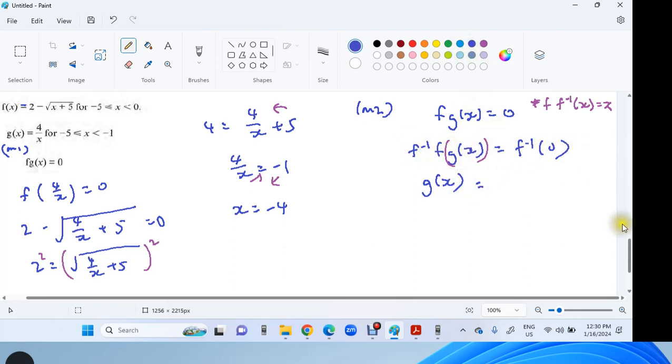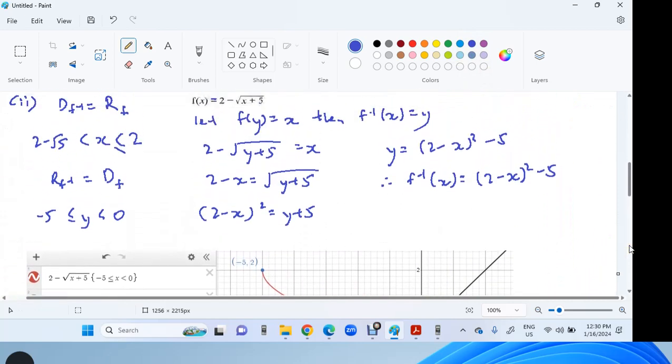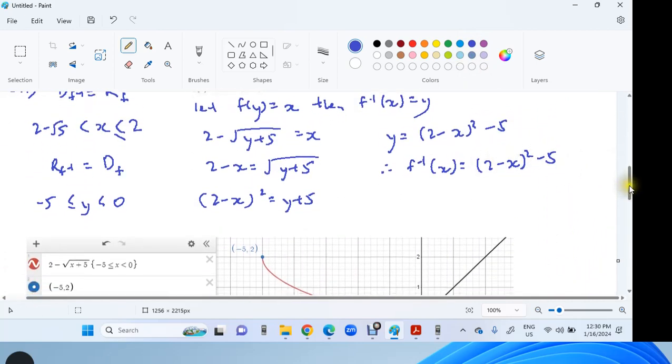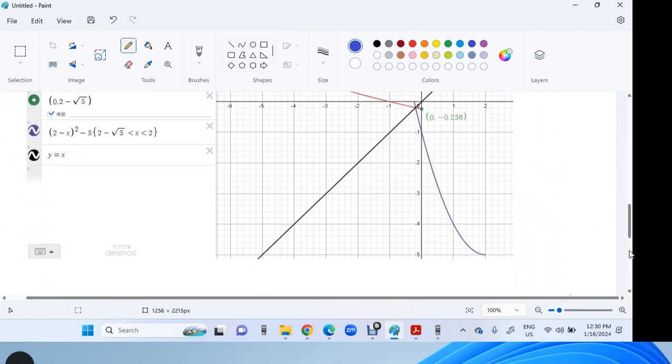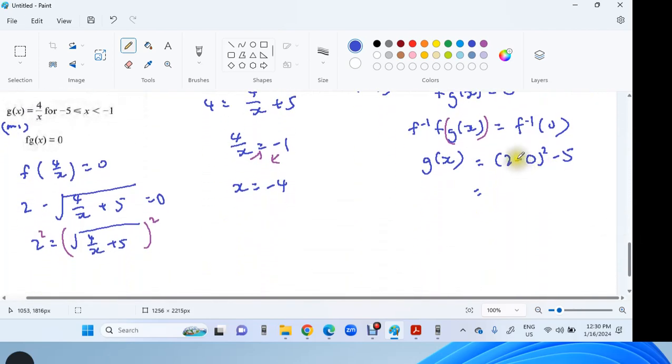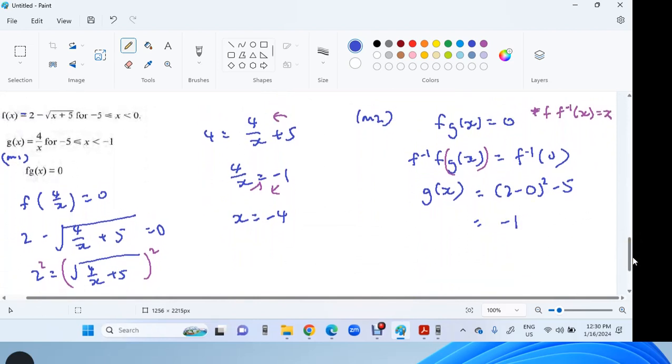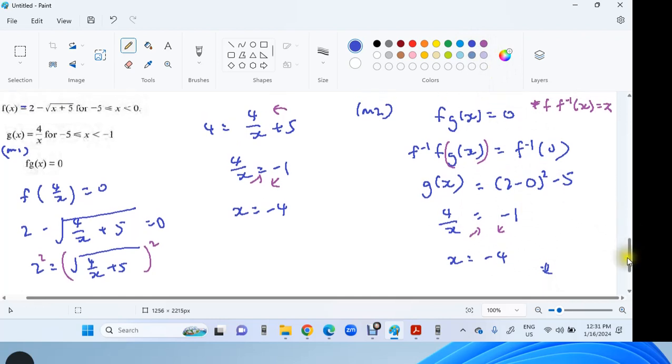So it will become f inverse of 0. Just now we found the f inverse is this one. So (2 minus 0) squared minus 5. Then we have negative 1. Okay, no, something is wrong. So g(x) is actually 4 over x. Then x will become negative 4. So we get the same answer. Don't do it this way. I think it's easier to make mistakes if you do the second method.